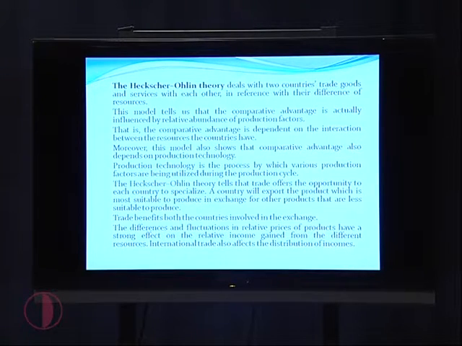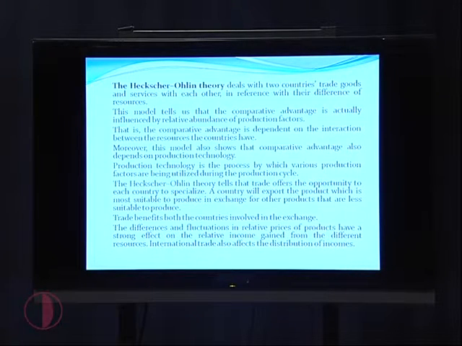That is, the comparative advantage is dependent on the interaction between the resources the countries have. Moreover, this model also shows that comparative advantage also depends on production technology in each country. Production technology is the process by which various production factors are being utilized during the production cycle.